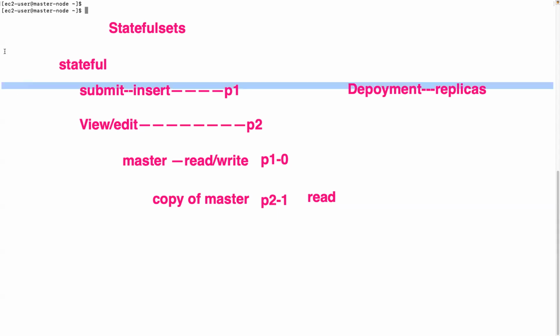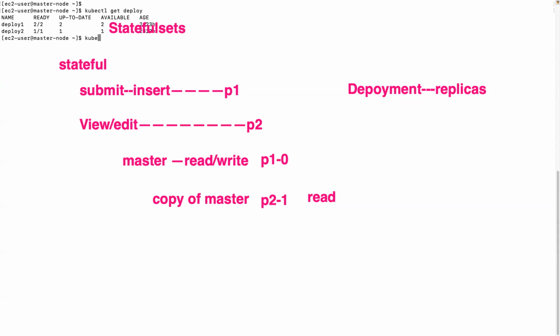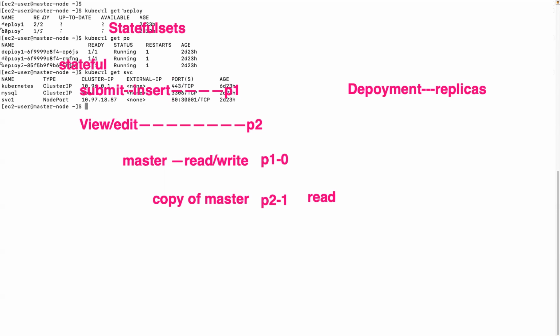First, let's see what all the deployments we have. Get deployments. Deployment 1, deployment 2. Get service. 30001.